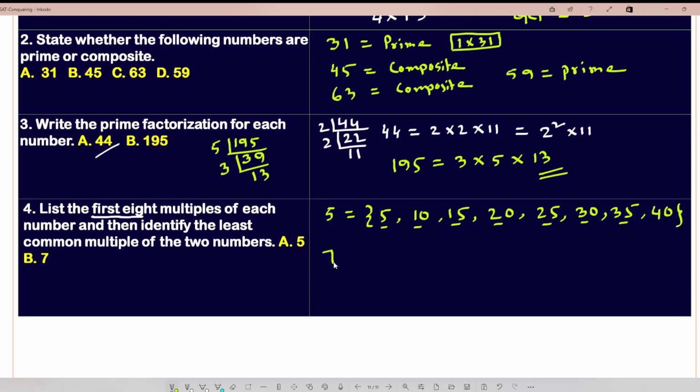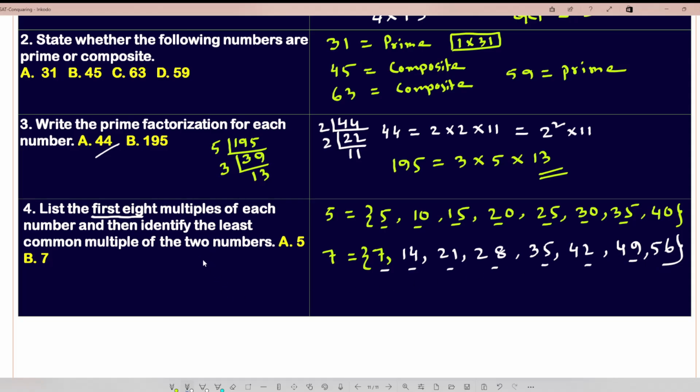Then 7. First 7, then 14, 21, 28, 35, 42, 49. So here is 1, 2, 3, 4, 5, 6, 7, and finally 56.